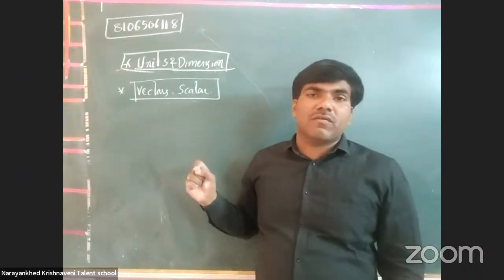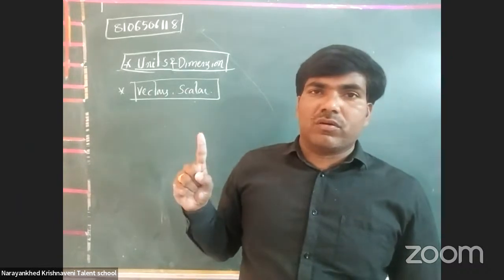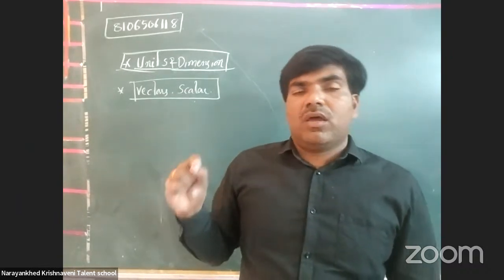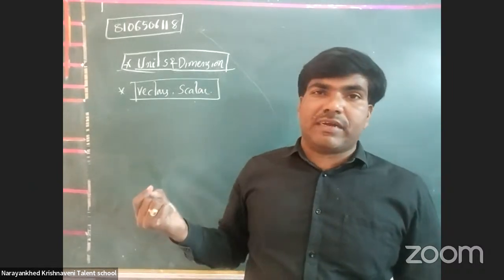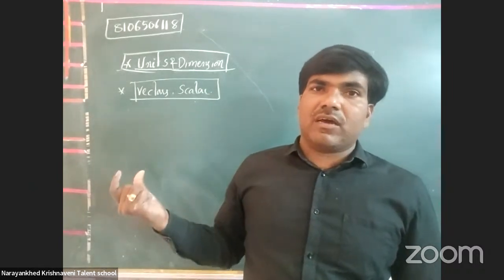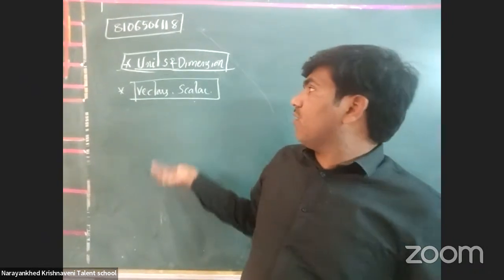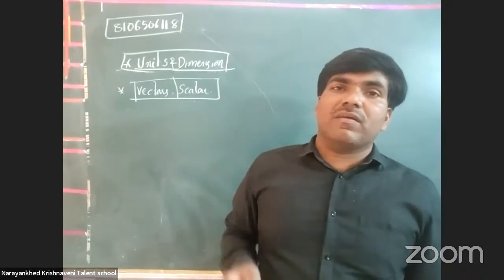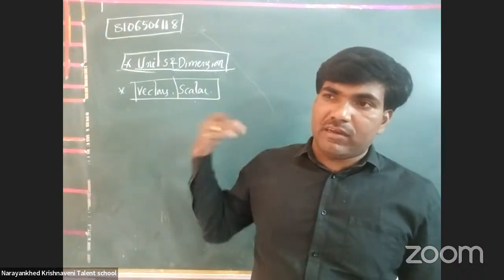Vectors are those which contain direction and magnitude, both the numerical value as well as the direction. Both are compulsory for specifying or describing any vector. That is called a vector. And a scalar is one which is not required to specify the direction.